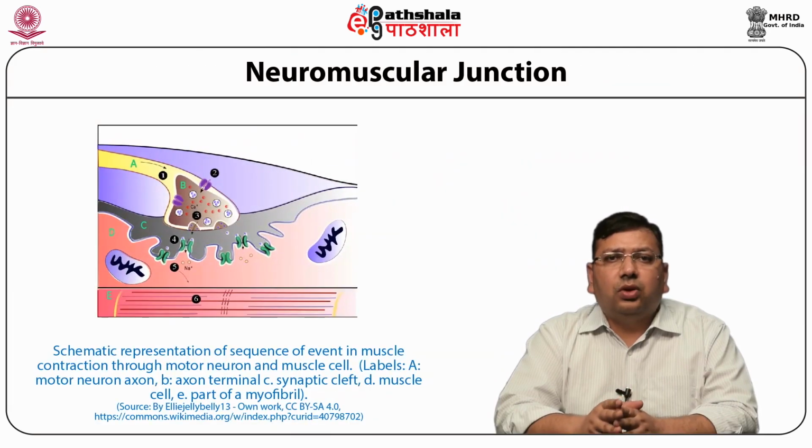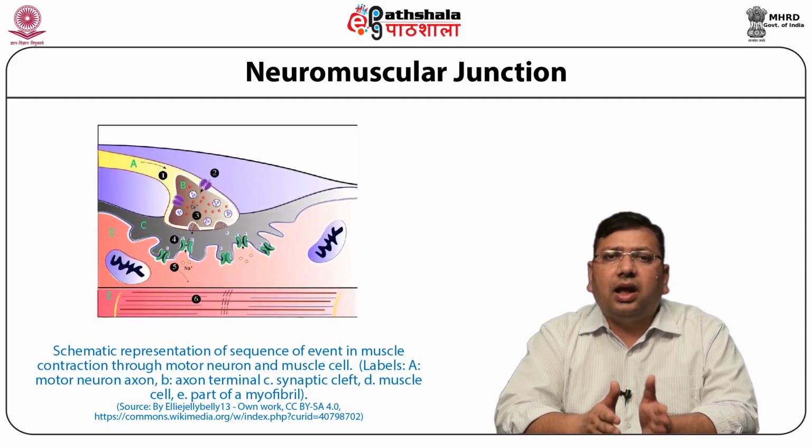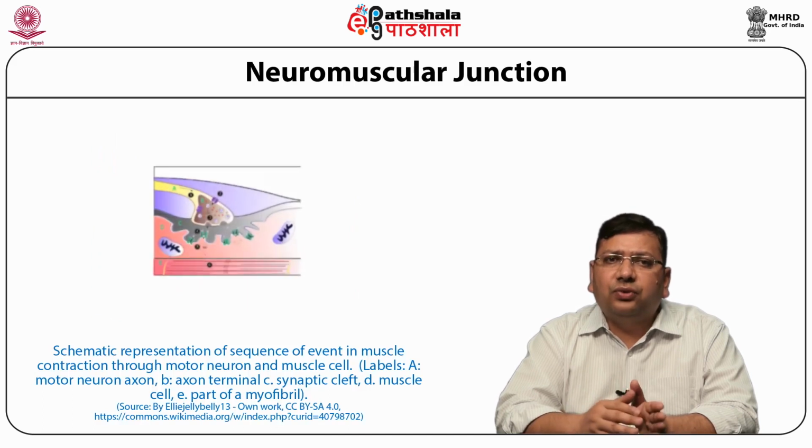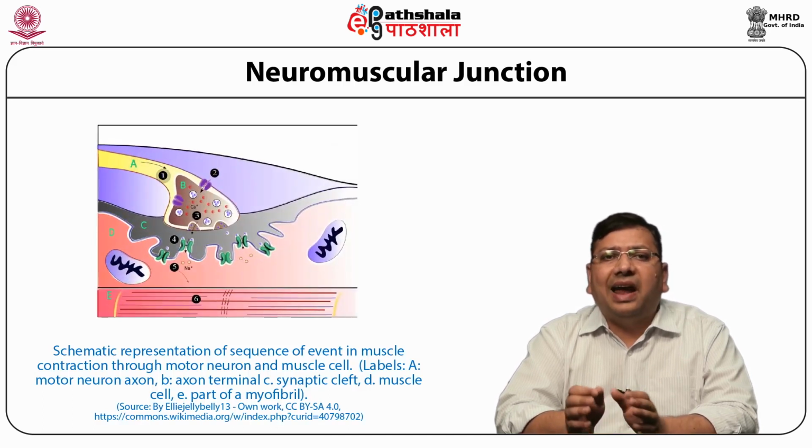A neuromuscular junction, or sometimes we call it a myoneural junction, is a chemical synapse which is formed by the contact of a motor neuron and a muscle fiber. Muscle contraction happens due to the transmission of nerve signal from a motor neuron to the muscle fiber at this neuromuscular junction.